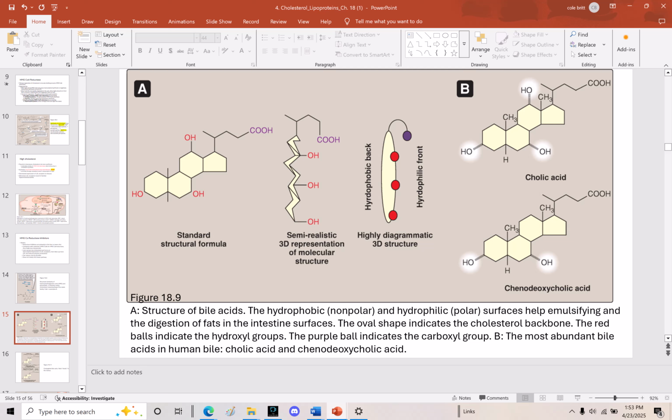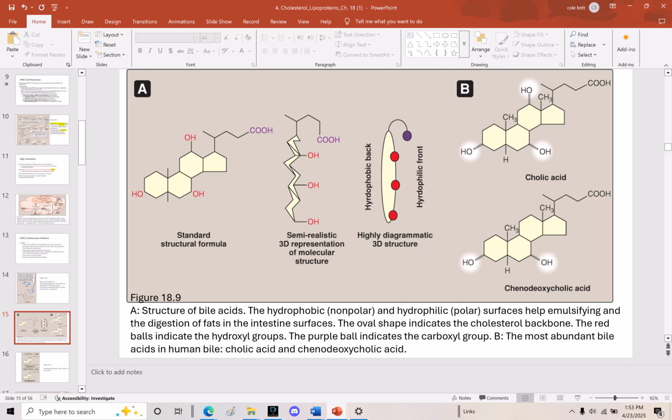And bile salts will need this hydrophilic portion as well as the inner hydrophobic portion. That's why when you make a bile salt, you need both. And that way they can properly transport fat or lipids from your diet, get them to the enterocyte for absorption.